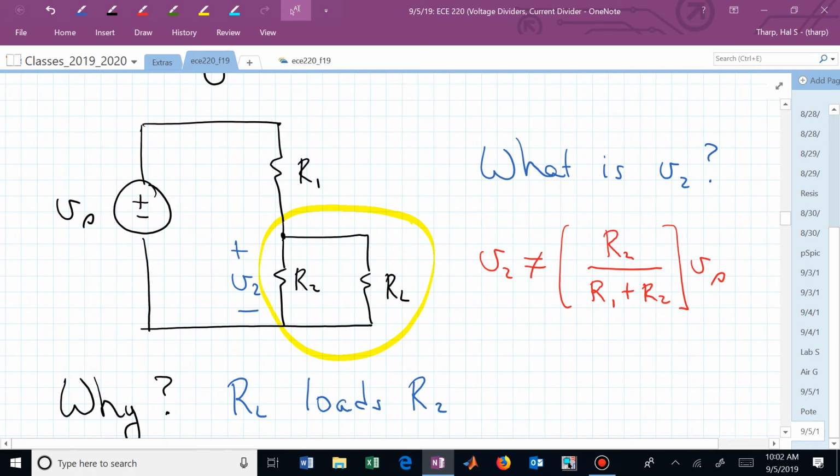Well, the opposite. What happens if it gets really, really small? That's a wire, isn't it? If it gets really, really big, what is it? It's gone. It's an open. If our resistor R sub L gets big, it's gone. It's an open circuit. If R sub L gets really small, it's a short circuit.